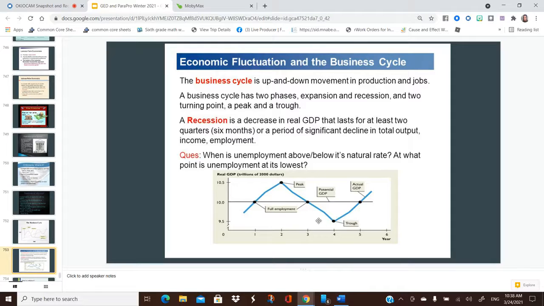I think trough is their word for recession. You're going down. But just knowing it's going to go up and down, whenever you're really high and there's a lot of jobs and a lot of people that are not out of work, eventually that will change. Something will happen and it will slow down. But when things are bad, you'll know that eventually it will get better.